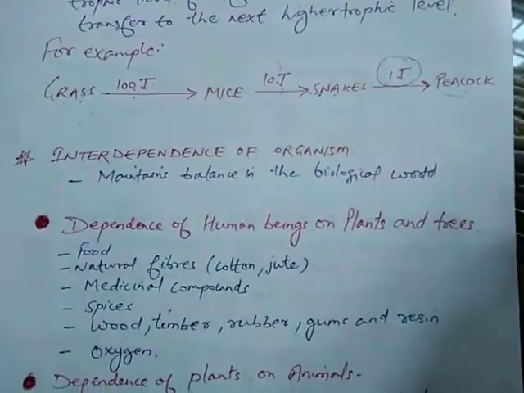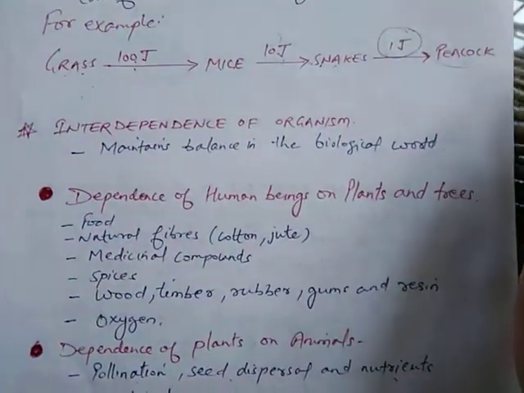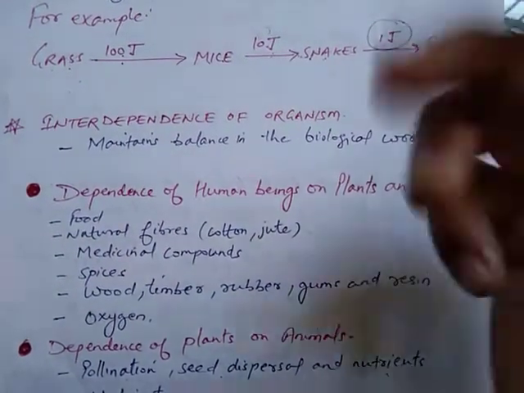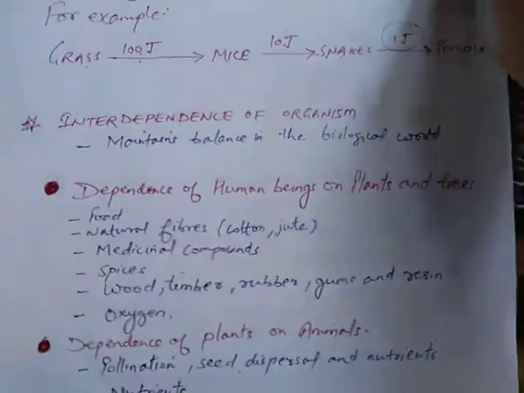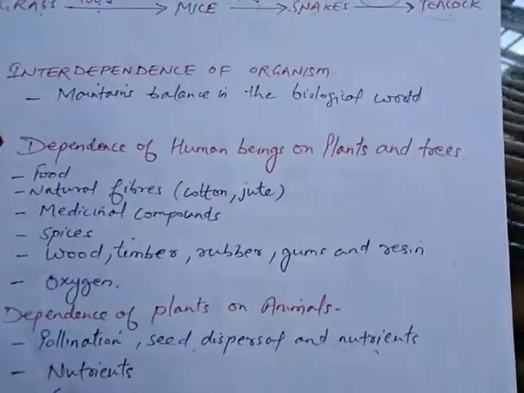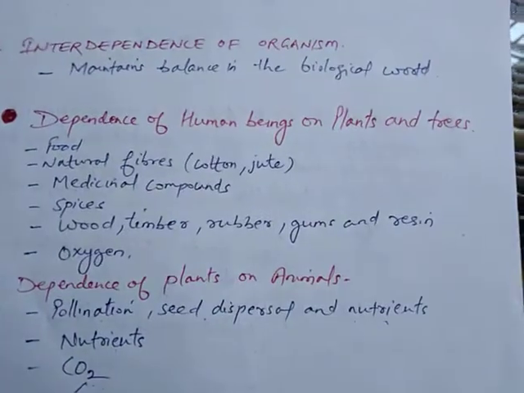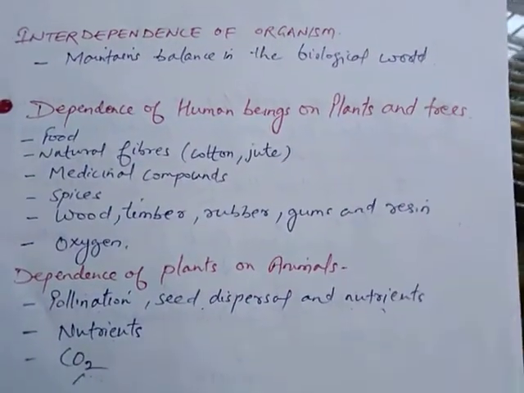Now students, the last topic for revision is interdependence of organisms. So you all know interdependence of organisms means how human beings depend on plants and trees, and how plants depend on animals.